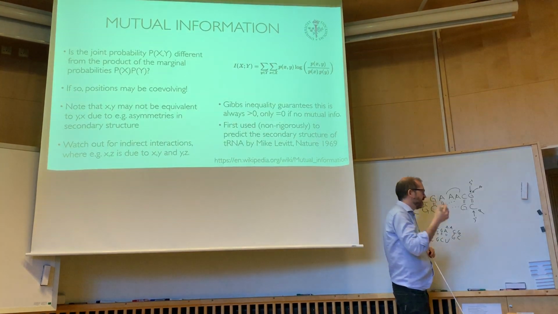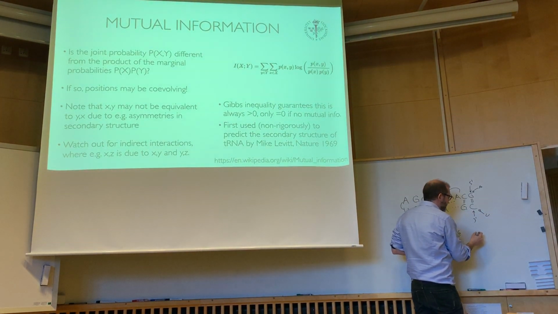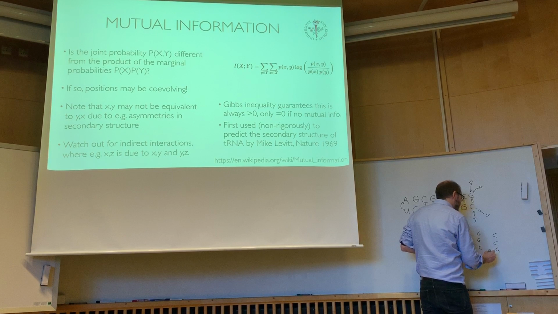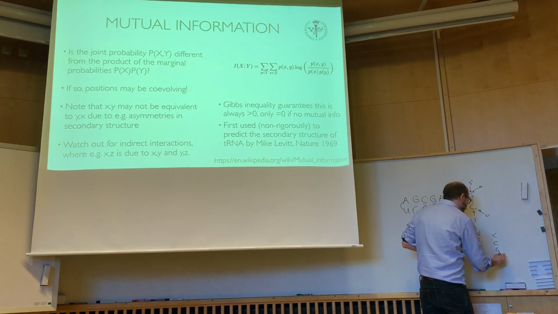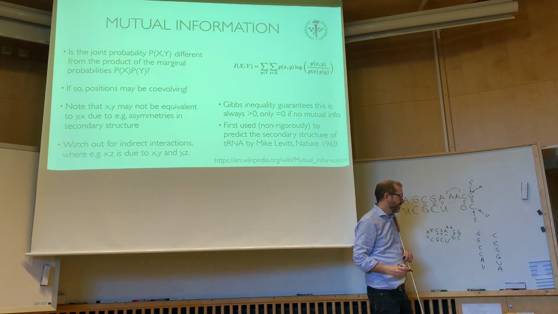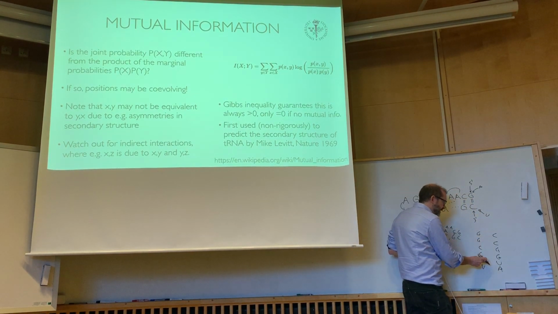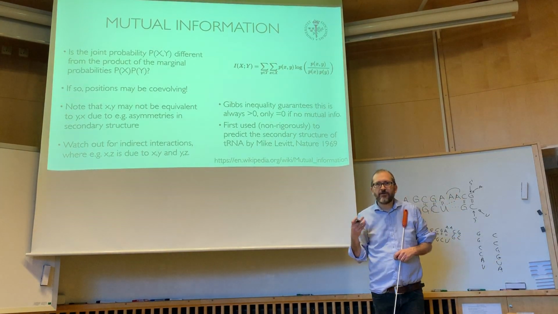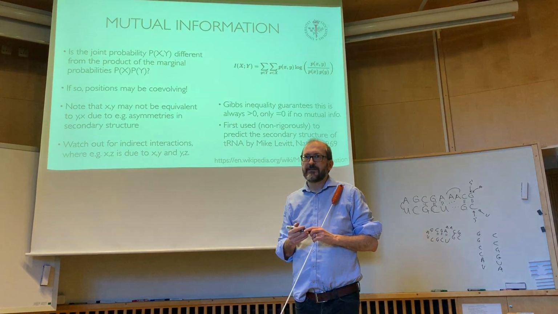Yeah, it has to be U, right? So if you see some sequences that have G, C, and then G, C, and then C, G, C, G, A, U, U, A, things like that, where you see it change here, it very often results in a change here. Then you can say, oh, these two positions are co-evolving, right?